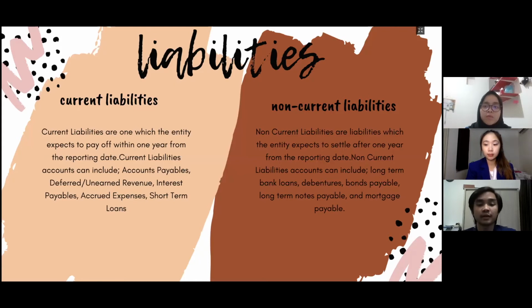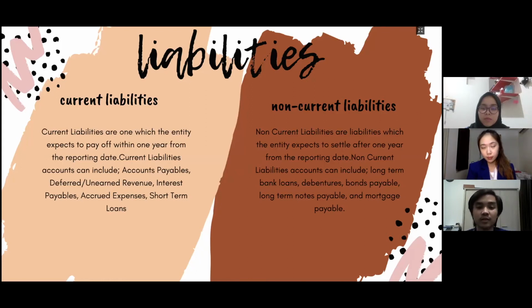Now the second one is liabilities. It also can be classified into two types, both current and non-current liabilities. Current liabilities are ones which the entity expects to pay off within 1 year from the reporting date. Its accounts can include accounts payable, unearned revenue, interest payables, accrued expenses, or short-term loans.